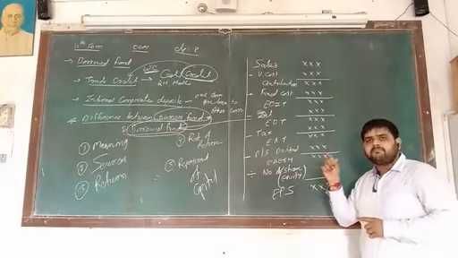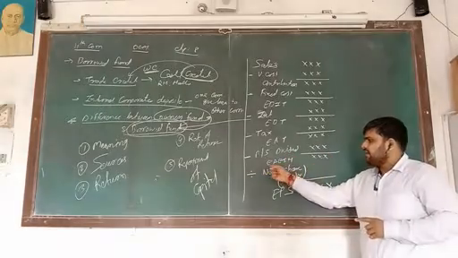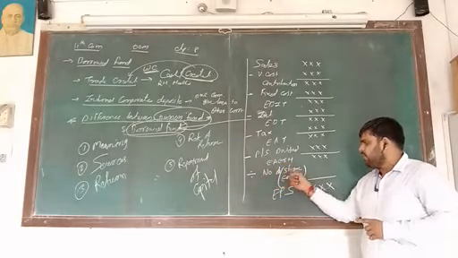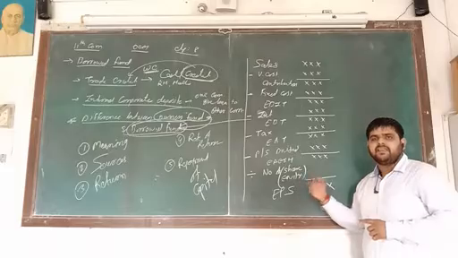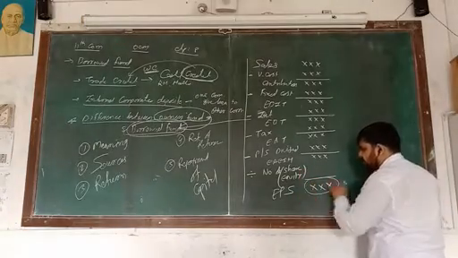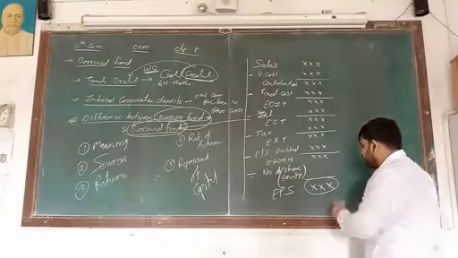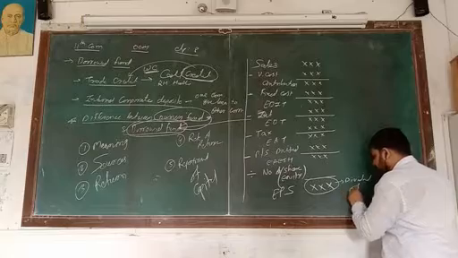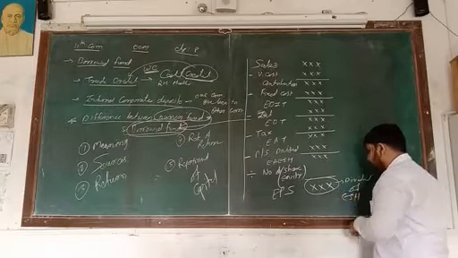Whatever final balance remains is called earning available for equity shareholders, and it is divided by the number of equity shares. Whatever earning results is called EPS, earning per share, which we can also call the dividend of the equity shareholder.